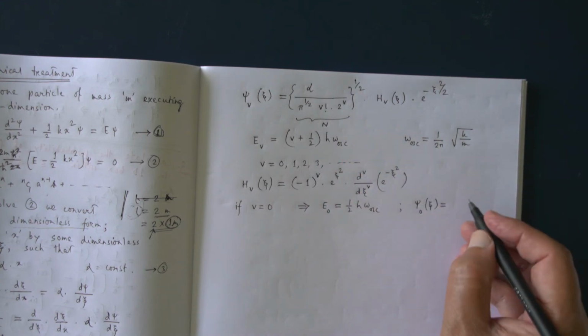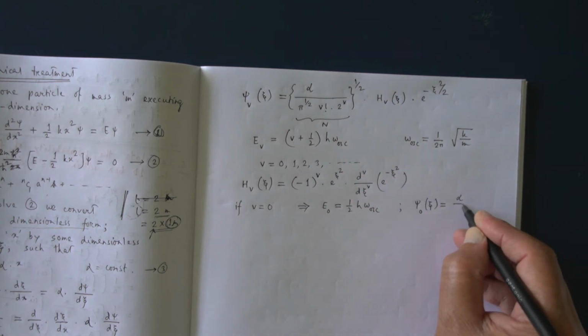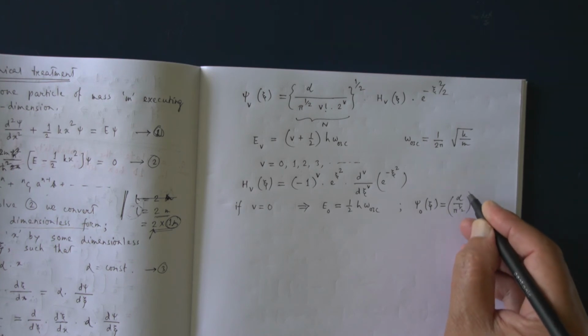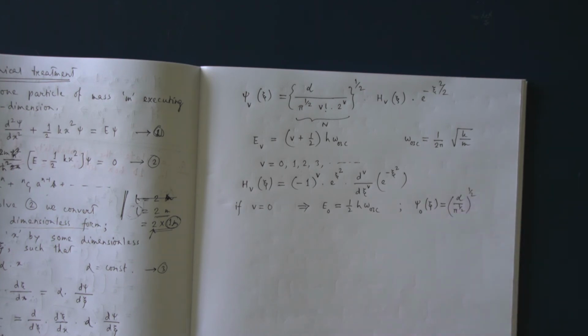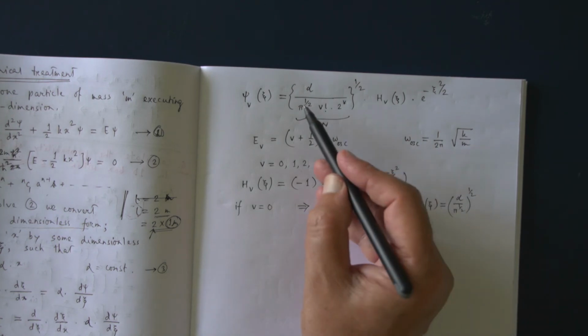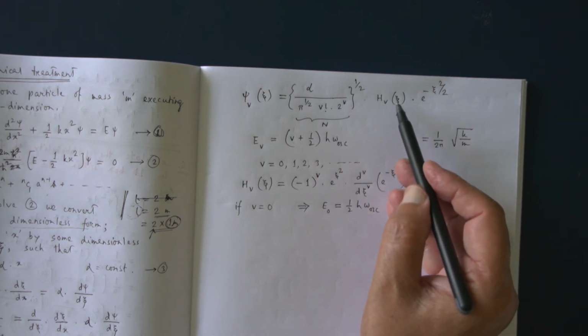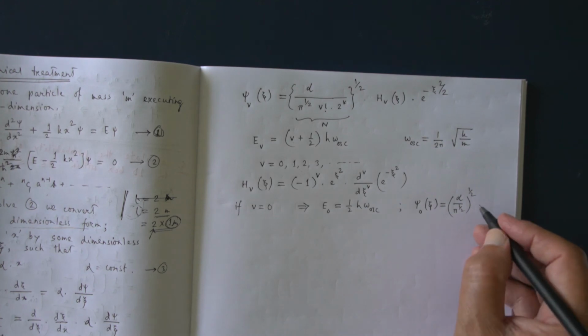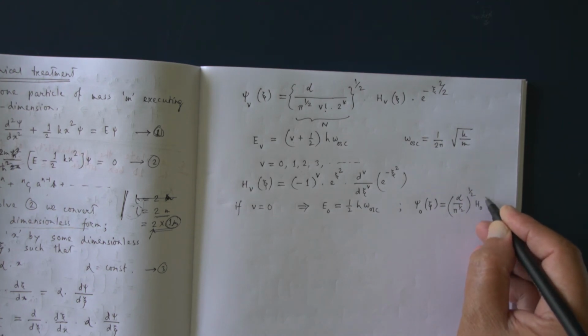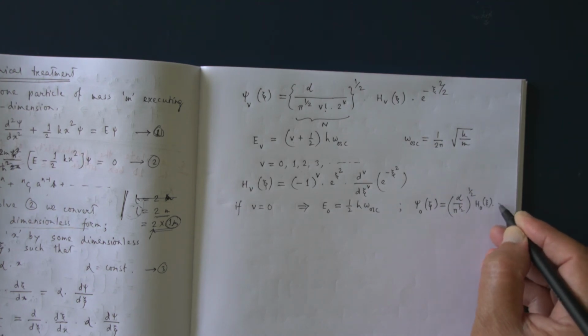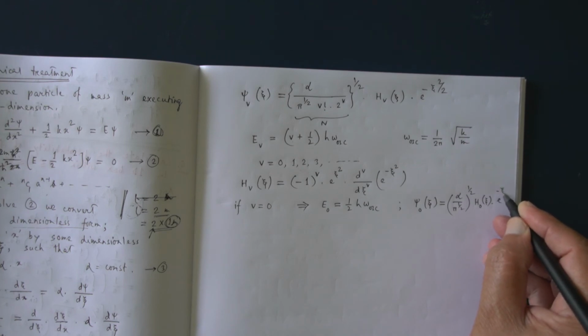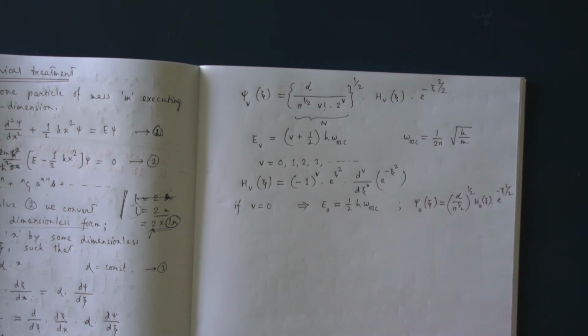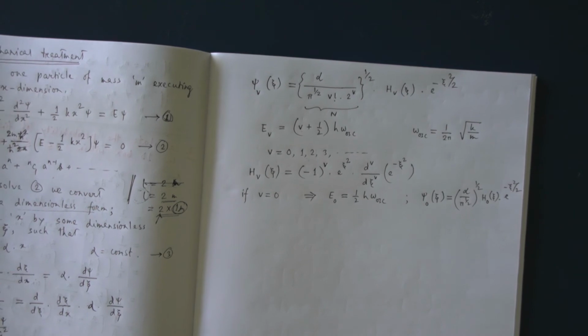So this is equal to alpha by pi to the power half, whole to the power half, this constant, then H0(xi) into e to the power minus xi square by 2.